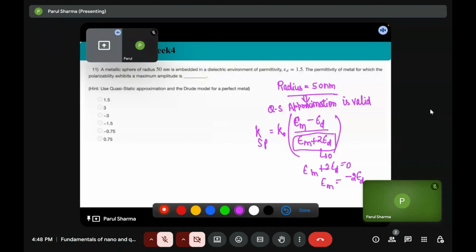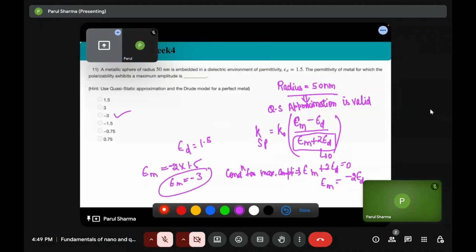Epsilon d is equal to 1.5, which is the condition for maximum. So epsilon m is minus 3, which is correct.